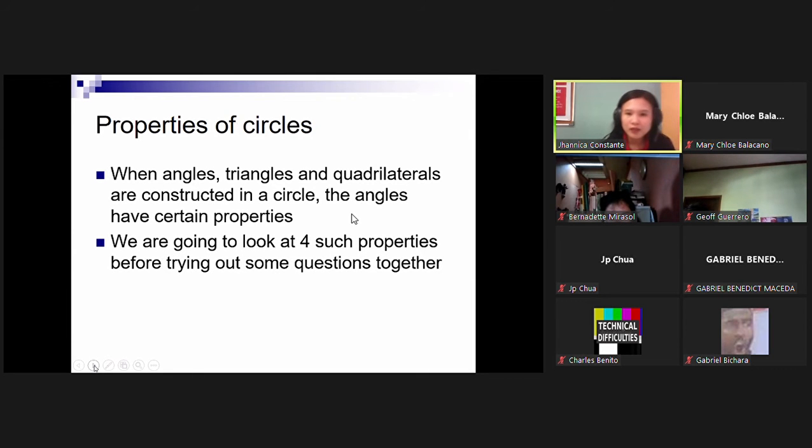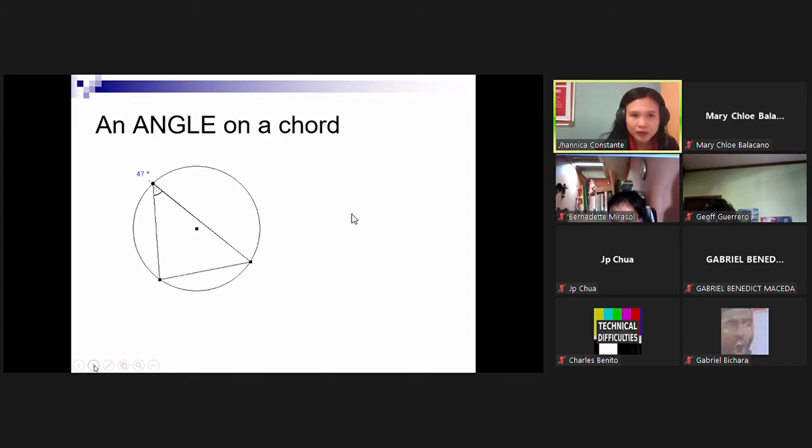We have four properties of a circle depending on the type of shape or figure formed inside. For example, an angle on a chord.